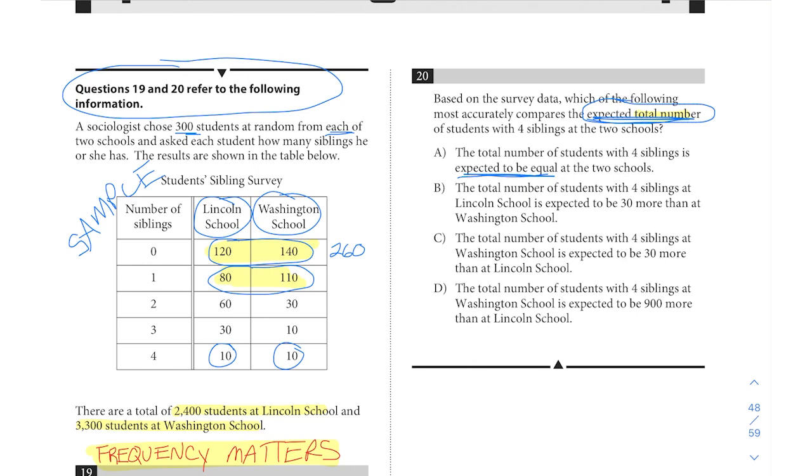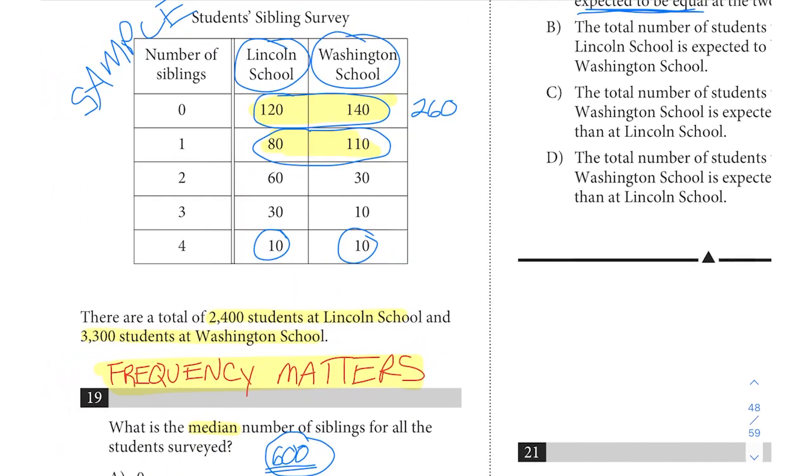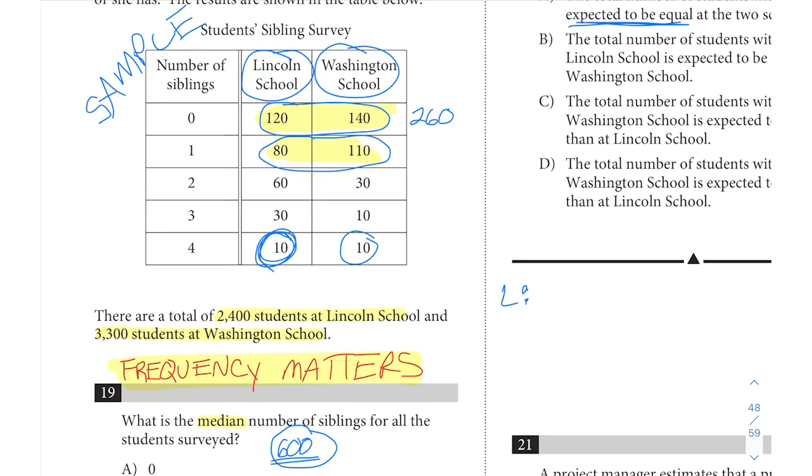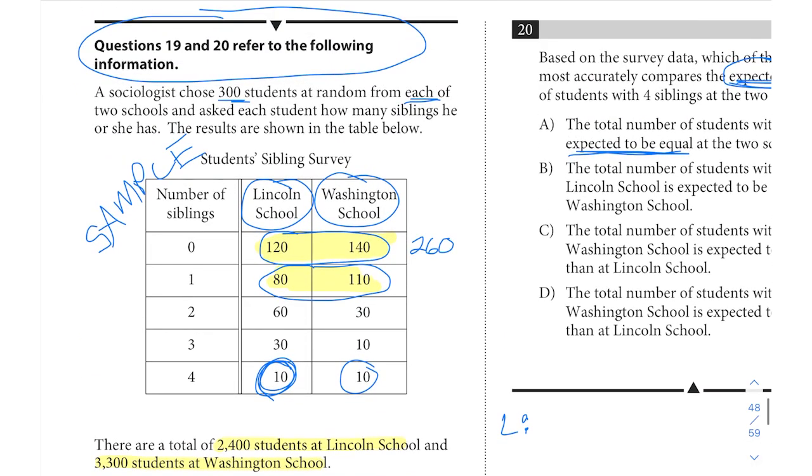So we can't forget that expected total number, right? Total is going to take the entire population into account, and we have to figure out how we extrapolate what that population value would be given our sample values. Well, let's look at each school individually. So for Lincoln, put an L for Lincoln, and here they had 10 students with 4 siblings, but that was out of their sample size.